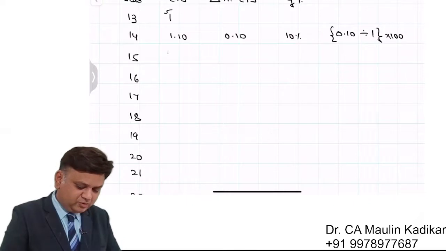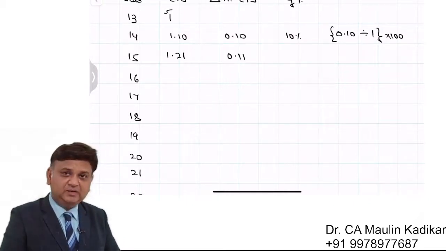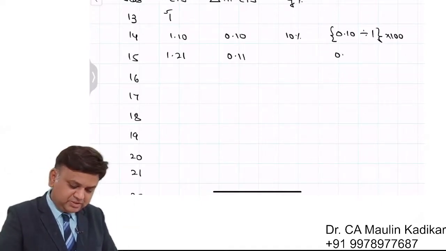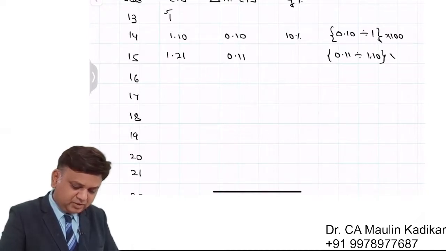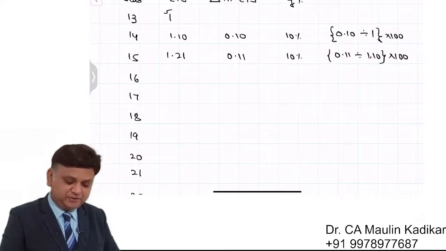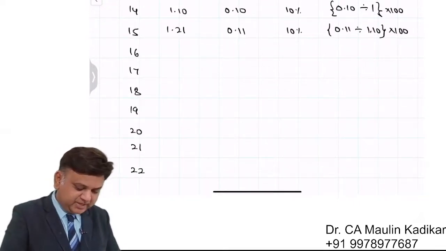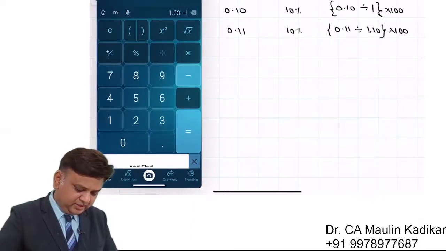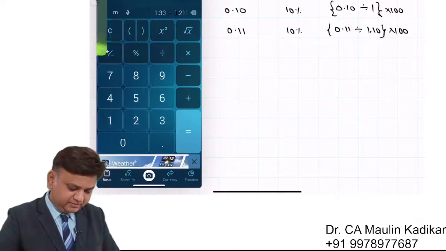Next year it is 1 rupee 21 paise. So there is a change by 11 paise. Okay, 1.21 minus 1.1. So it is 11 paise divided by 1.1 into 100. That comes to again 10 percentage. Next is 1 rupee 33 paise. So 1.33 minus 1.21.